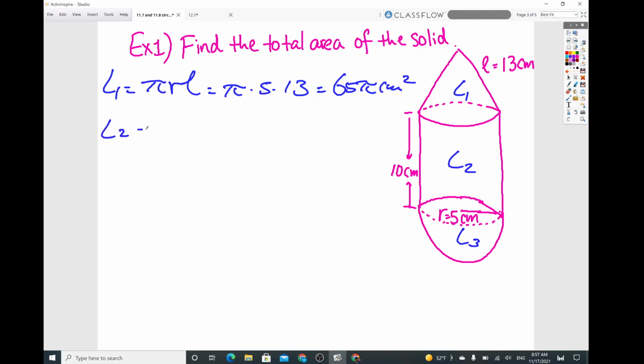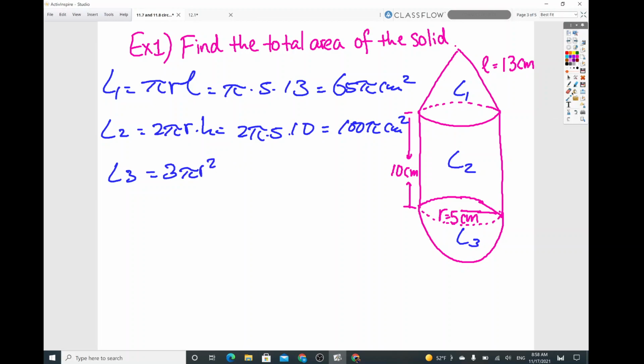Then to get L2, this one is a cylinder. The lateral area of the cylinder is 2 pi r times h, which is 2 pi times the radius 5 times h, 10. 2 times 5 is 10, 10 times 10 is 100, so it's 100 pi square centimeters. To get L3, it's a hemisphere.